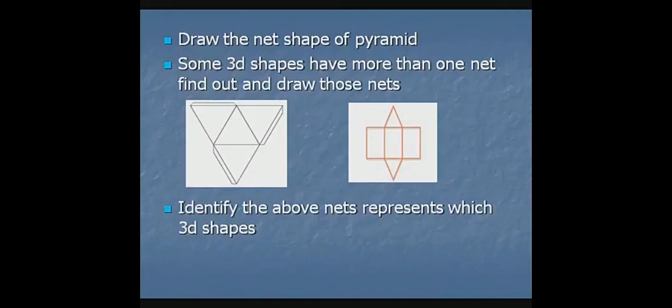So, just now I suggested 3 things to you: to identify the net shapes and the 3D shapes, to find the relation between net shapes and 3D shapes, and to draw the net shapes. These are the things essential for this lesson, clear. So, try to do it, and definitely you can understand the properties of the 3D shapes. The net diagram is a very important thing.